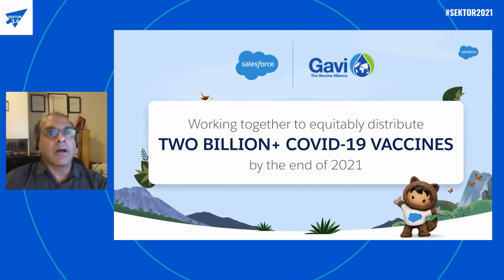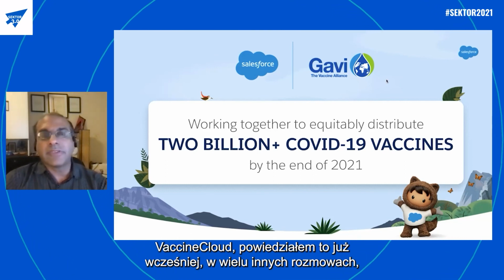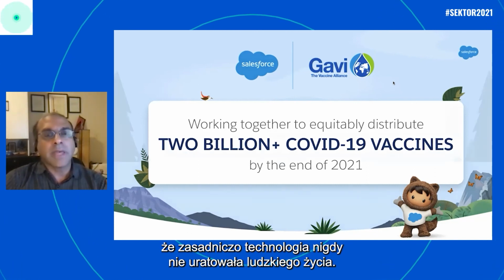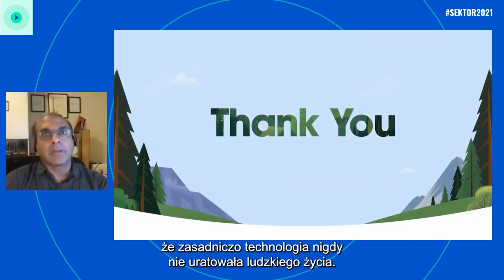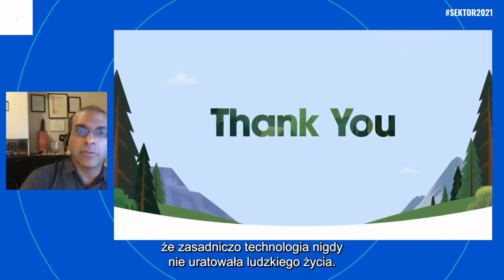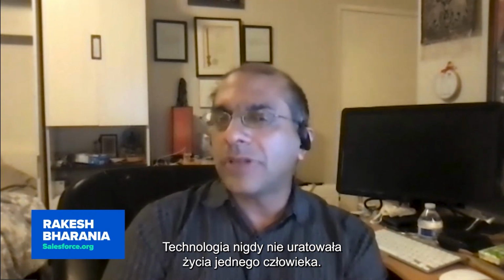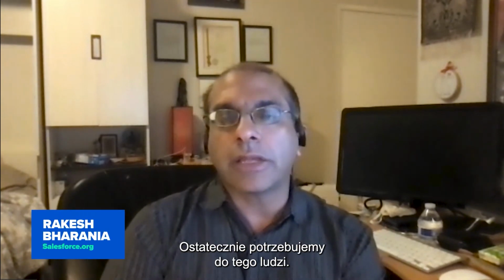Now, Vaccine Cloud. I've said this before in many other talks, that fundamentally, technology has never saved a human life. Technology has never saved a single human life. Ultimately, you need humans to do that.